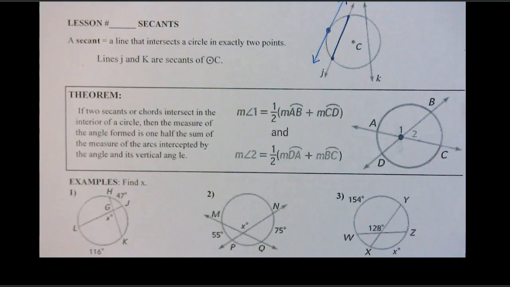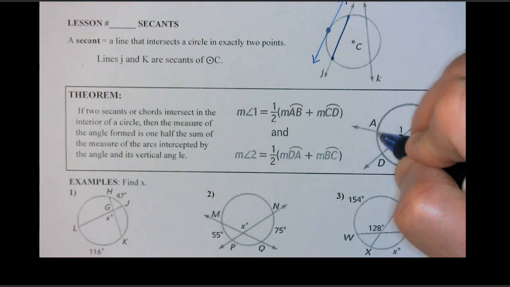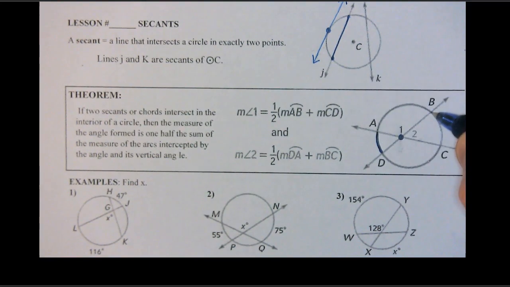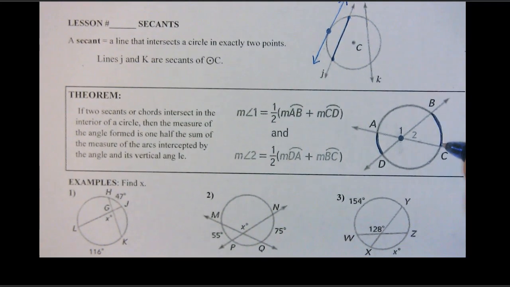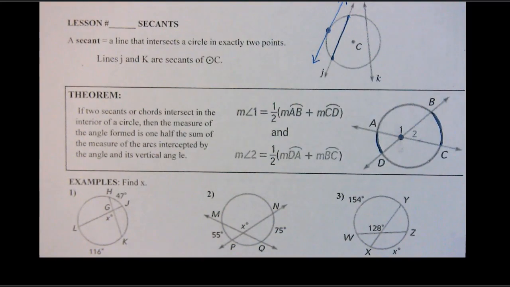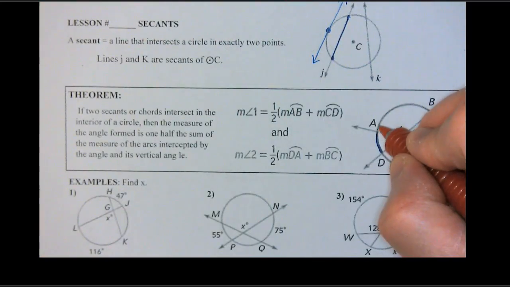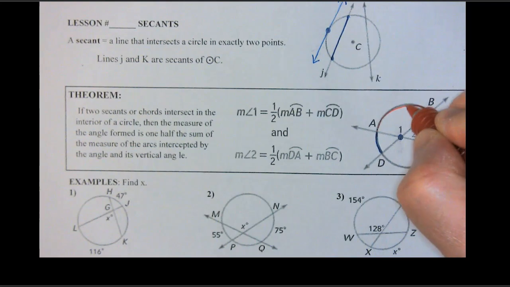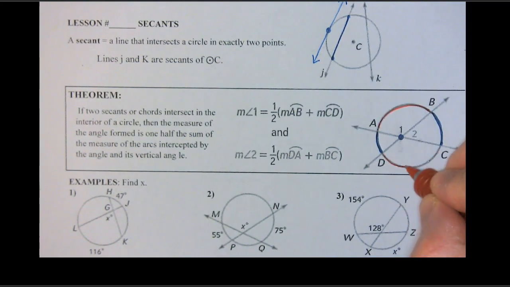Okay, so here's the key of this theorem: the intersection is inside the circle. And basically, when we have that intersection, we have two sets of arcs that are formed. This one right here goes with this other arc right here. And then we also have this right here that goes with this.